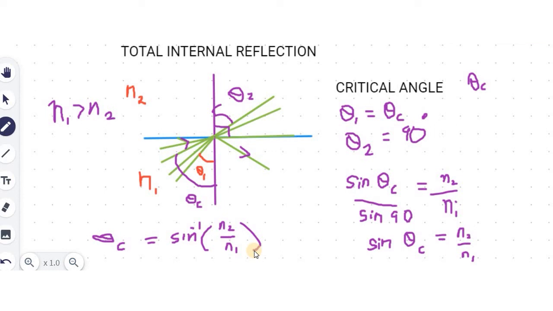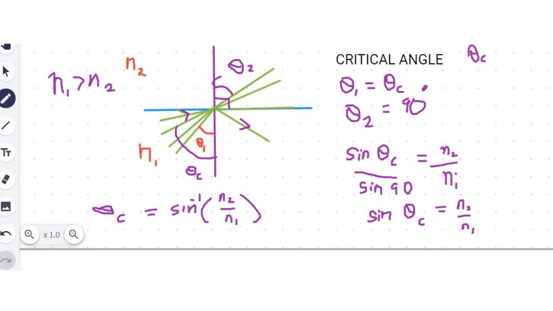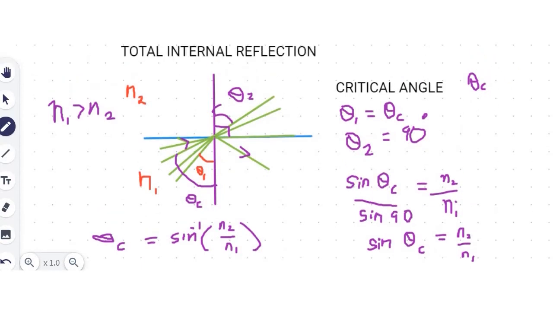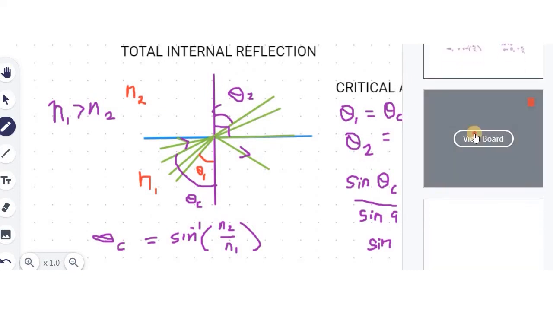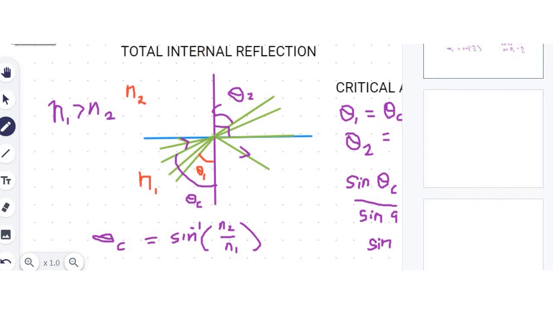This is how light gets propagated through an optical fiber by the phenomenon of total internal reflection. Hope it is clear for you. So next we'll discuss the critical angle of propagation in our next class. Hope you have understood the phenomenon of total internal reflection.